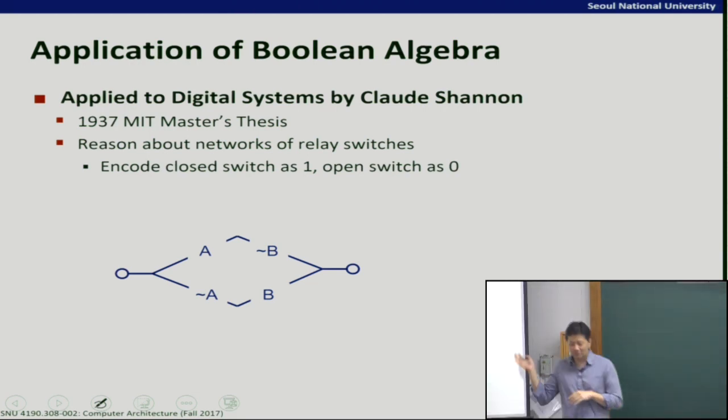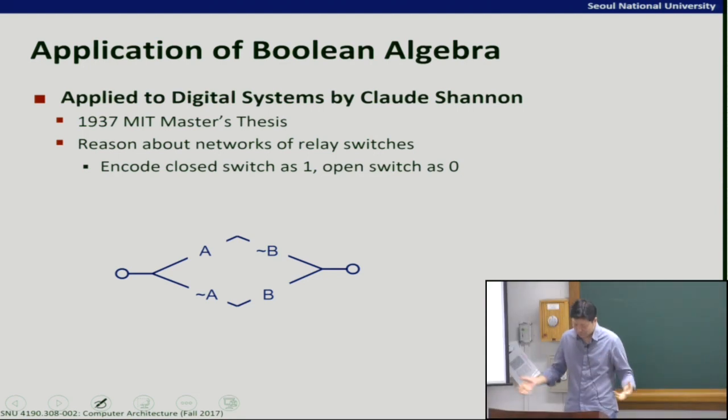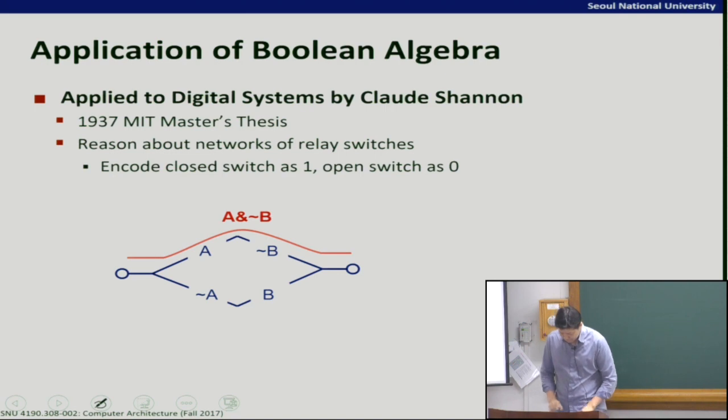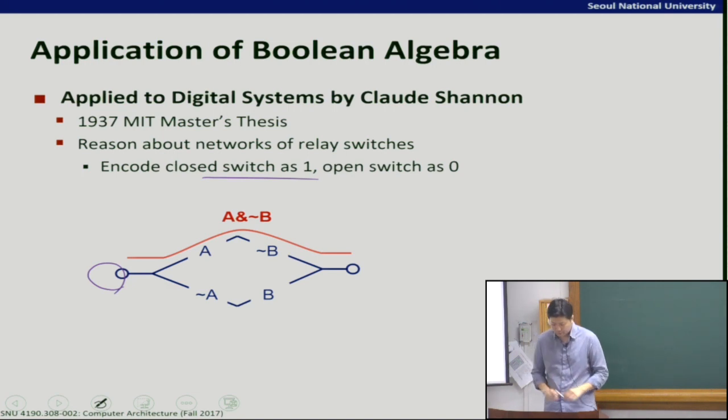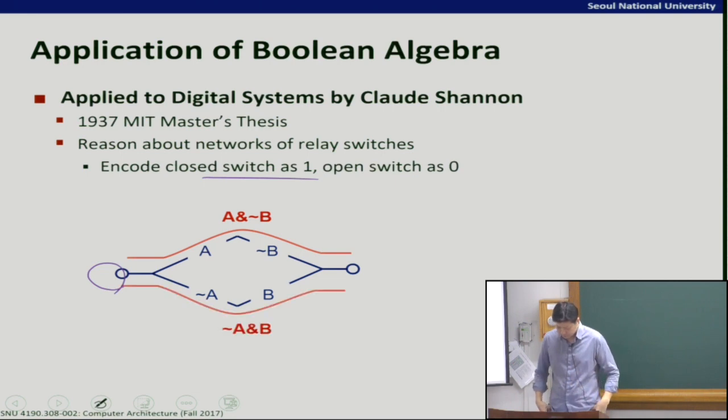But this one was really impactful, perhaps in the history of computer science and engineering. Basically the idea was to reason about a network of relay switches, whether they are connected or not. If these two terminals are connected, then encode this connection as 1, and if it's open, meaning not connected, then model the switch as 0.